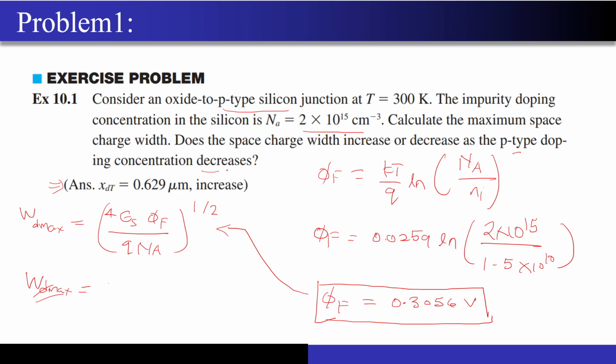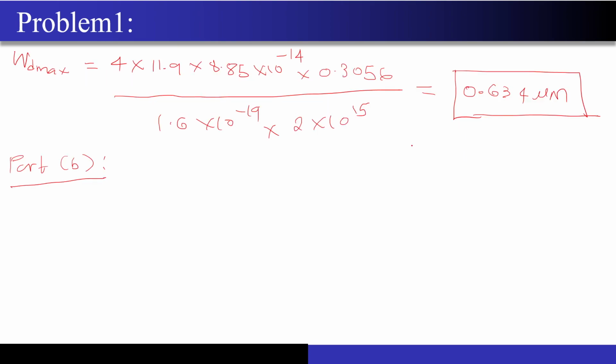So now I will just ask you guys one question, right? If this would have been a PN junction, let's imagine the PN junction. This is my P side, this is my N side. We have a Na doping over here, we have a Nd doping over here, and I have a depletion region like this.